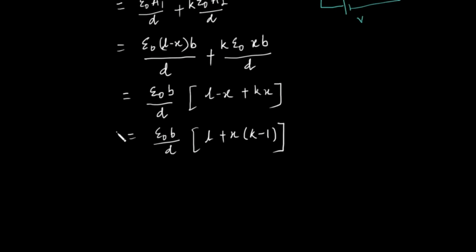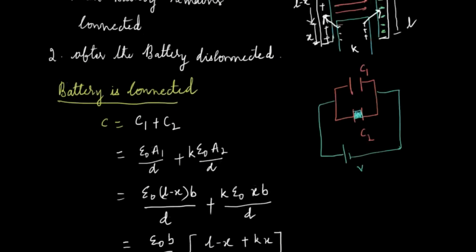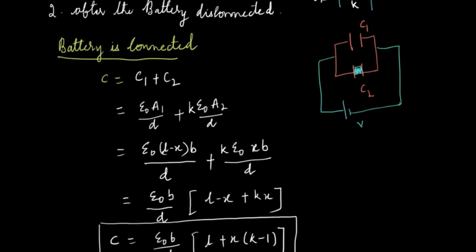This is the effective capacitance: C is equal to epsilon naught B by D into L plus x into k minus 1. So this is the effective capacitance of this.